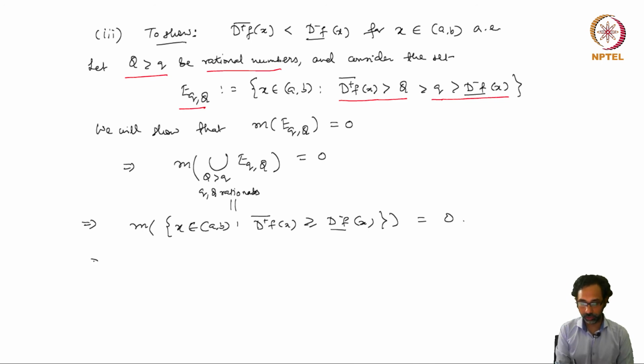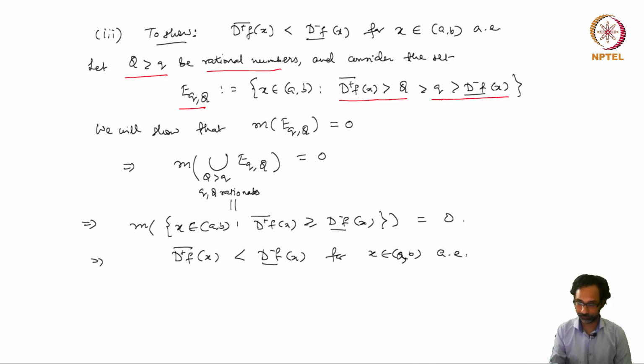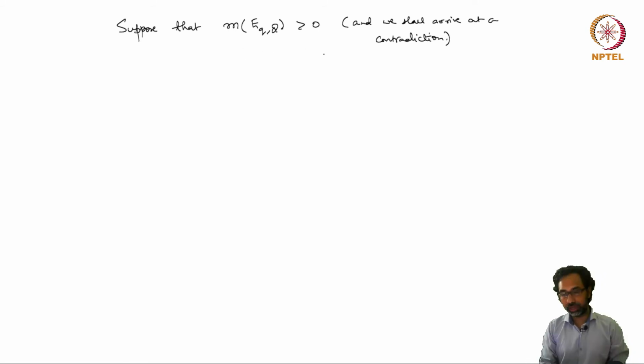And so this will show that D+ f upper bar is less than D- f lower bar for x in (a, b) almost everywhere. So to do this, we suppose that the measure is strictly positive, and we shall arrive at a contradiction.